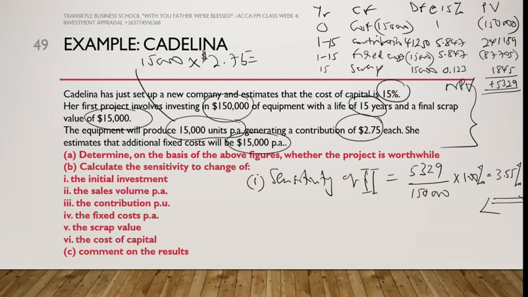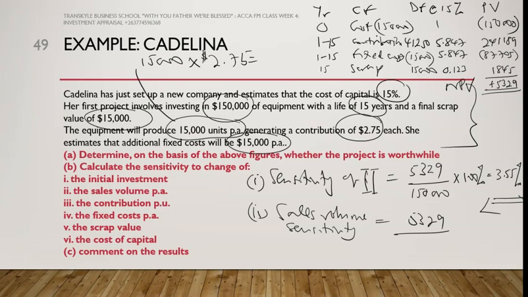Now let's look at the sensitivity of the sales volume. This is determined by the NPV divided by the contribution itself, because contribution, remember, is selling price minus the variable cost.